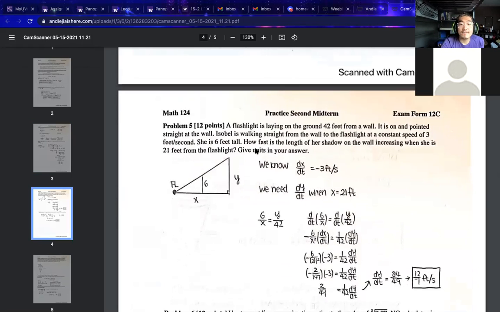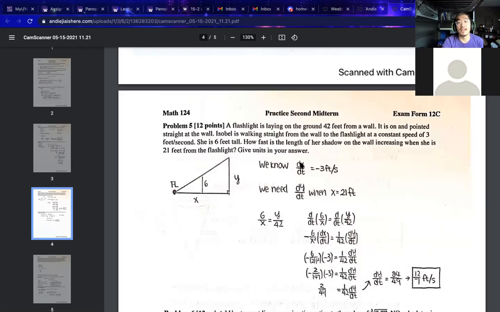Problem 5 is a related rates problem, an application of the derivative. The best way is to draw a graph and label every single piece of data you have.